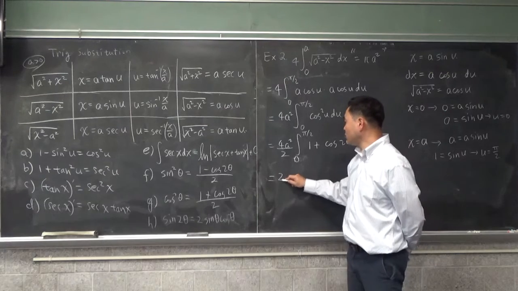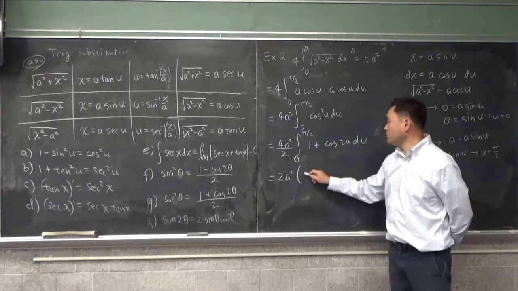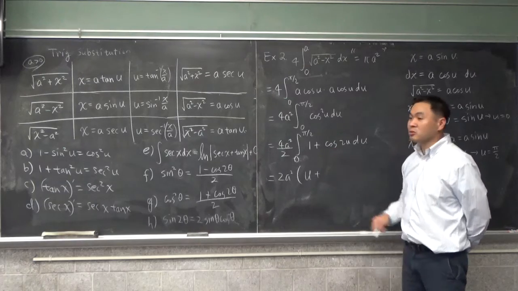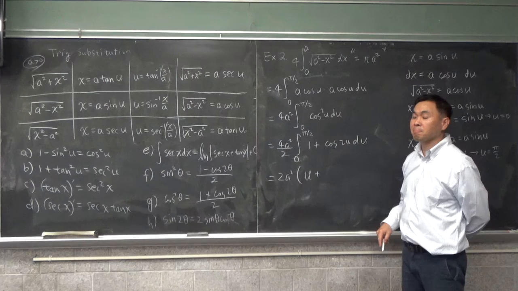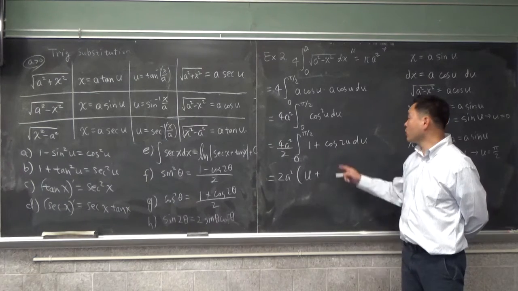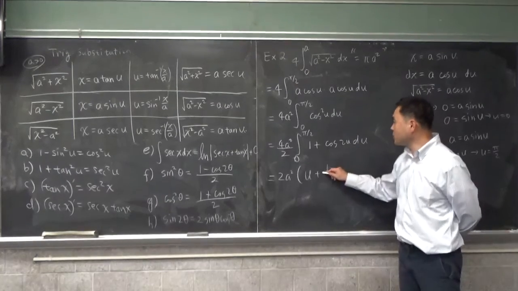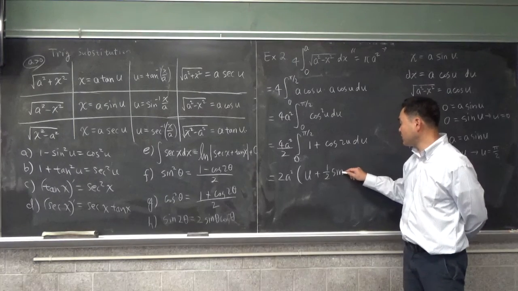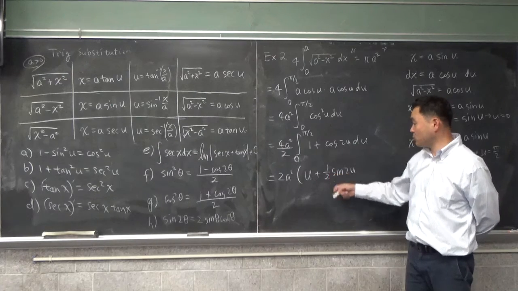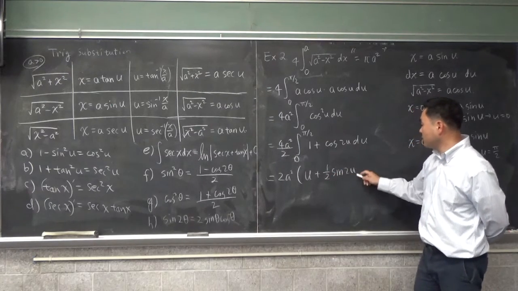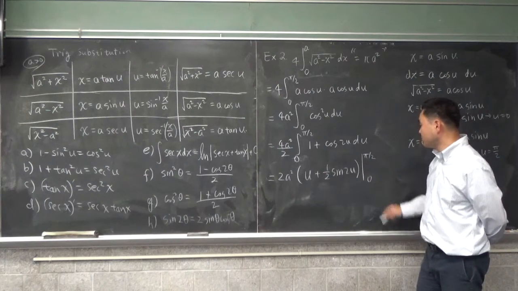So that will be 2a squared. If you integrate 1 du, it will be u. What's the integral of cosine 2u? Cosine 2u integrates to 1/2 sine 2u. This 2 will create a reciprocal 1/2. And then you plug in pi over 2 and 0.